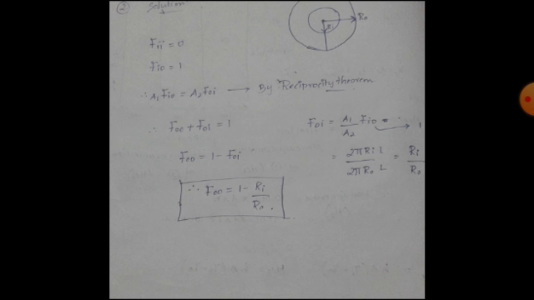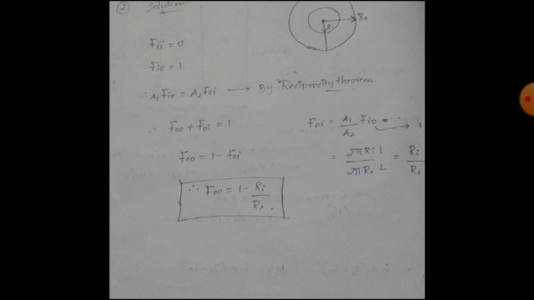Now we can see the answer for this question. You can see the concentric circles, which indicate the concentric cylinders. For the inside cylinder, that is of radius Ri, there are two shape factors.